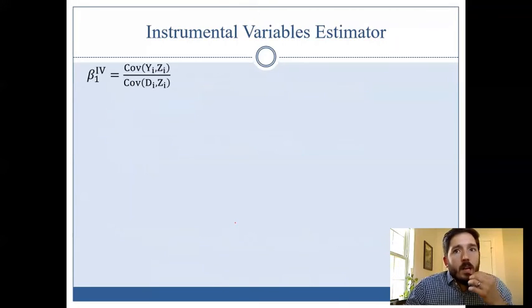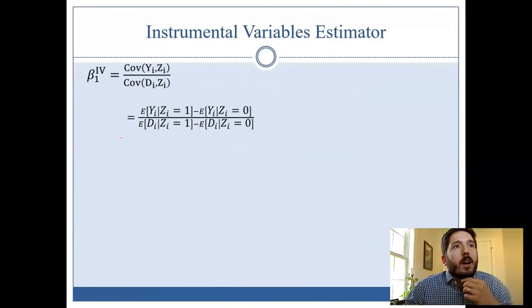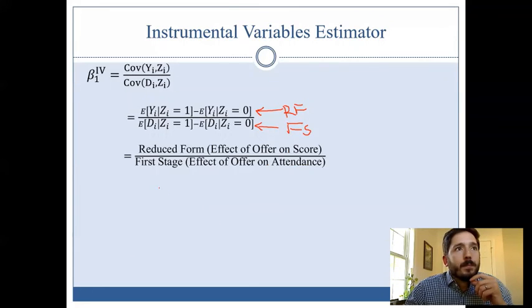So our IV estimate, I'm not going to go too much into the details. This is sort of how it's calculated. It looks a little bit different than your OLS estimate. In terms of expected value, this is what we've got, right? We're just taking our reduced form and dividing it by our first stage, right?